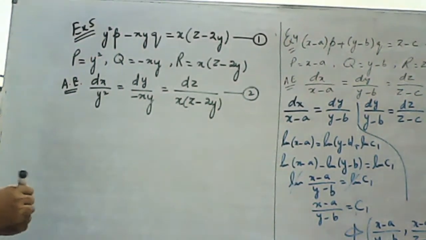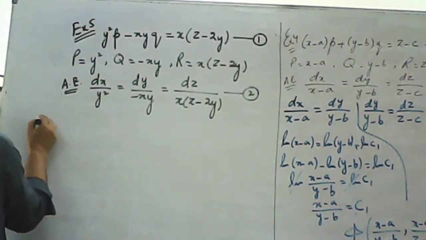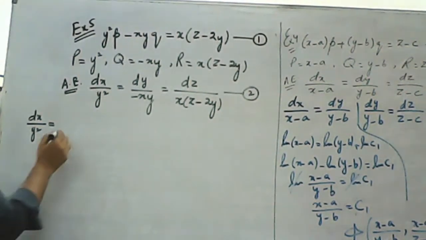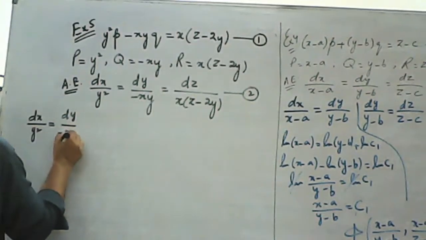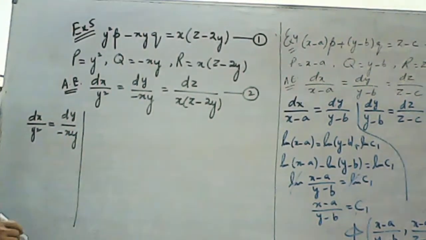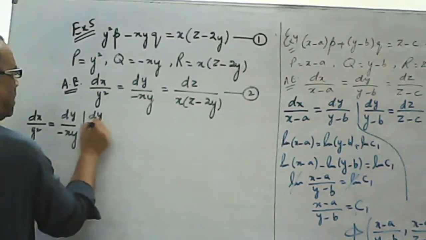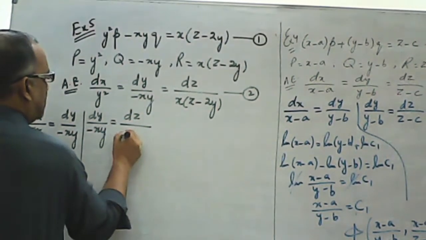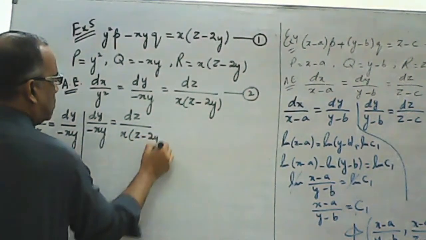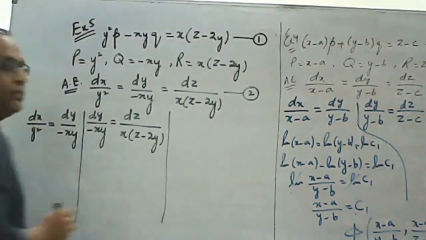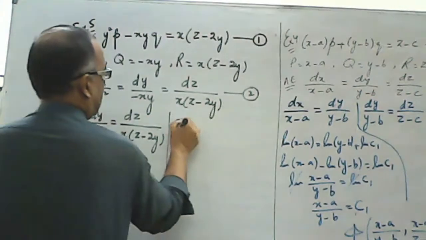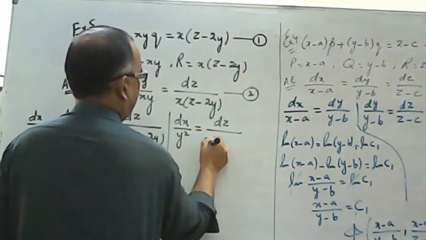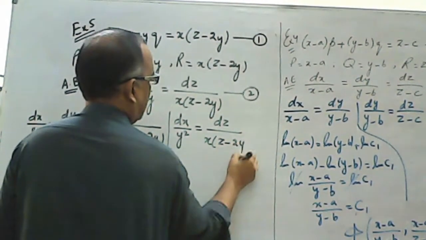Now time to make pairs. Pair number 1 is dx over y square is equal to dy over minus xy. Pair number 2, dy over minus xy equal to dz over xz minus 2y. Then pair number 3, dx over y square is equal to dz over xz minus 2y.